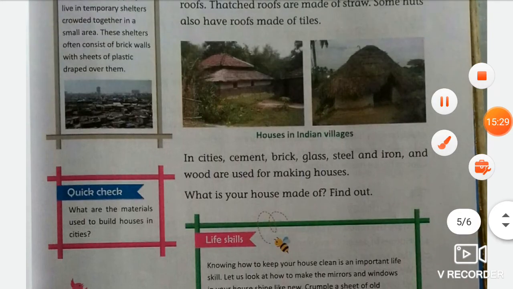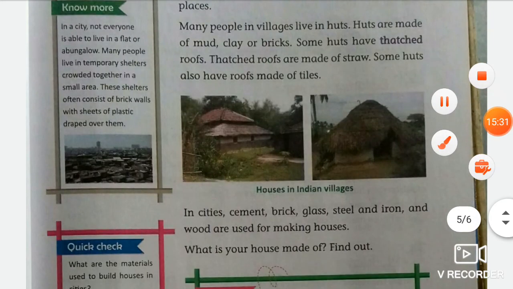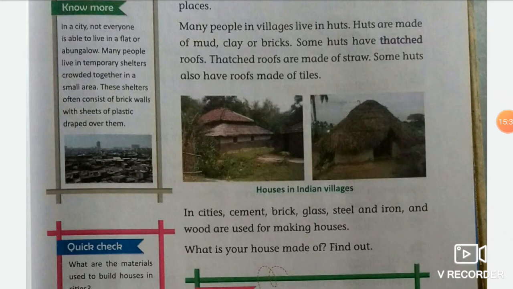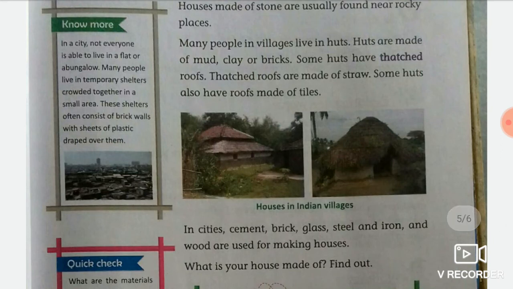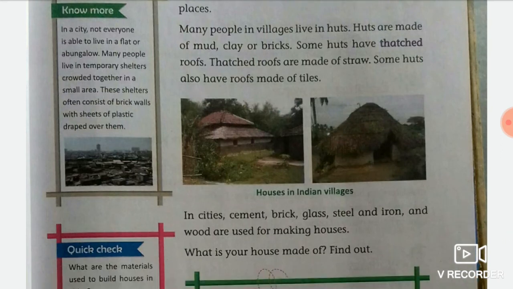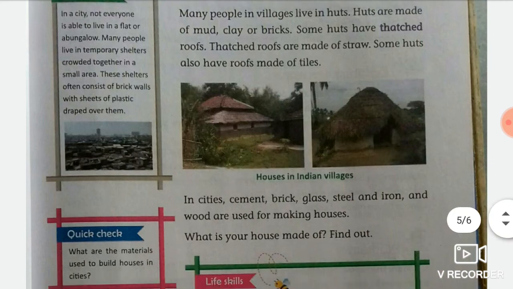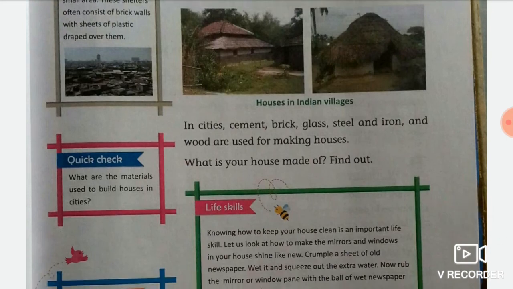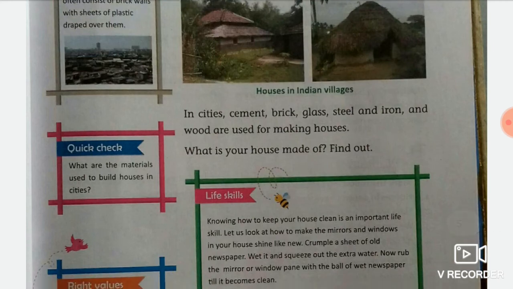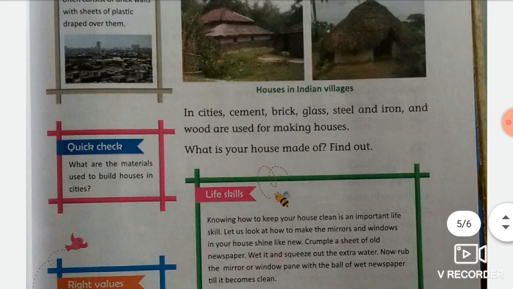So as you see in this picture, in the villages mostly the people use mud, clay, bricks, straw, dry leaves, wood, tiles, etc. to make their houses. As in cities, the people use cement, bricks, glass, steel, iron rods, wood to make their houses. Okay, because these things are easily available in the cities.